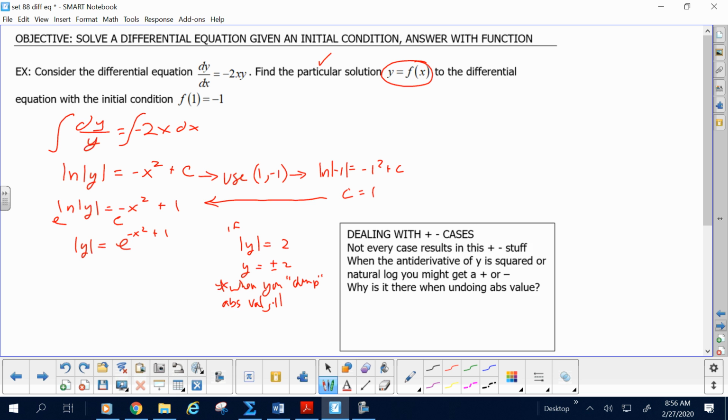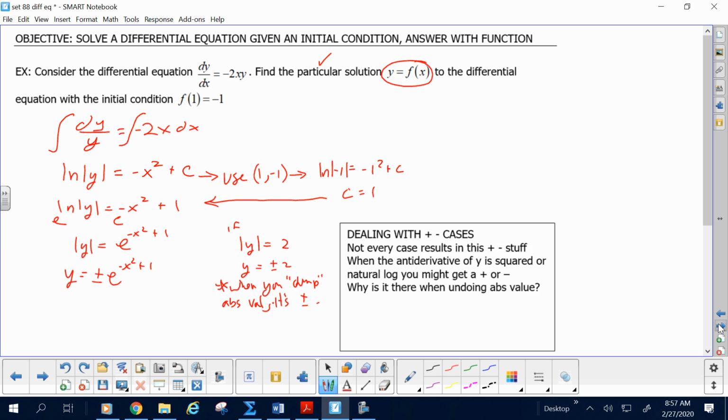It could have been either, and we'll have to investigate that further. So when I say the absolute value of y is this, that means y could have been either the positive or the negative version of this, and the absolute value would have been e to the x squared plus 1 either way. All right, you cool?